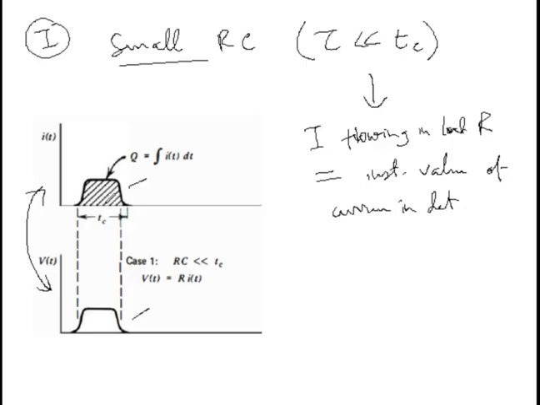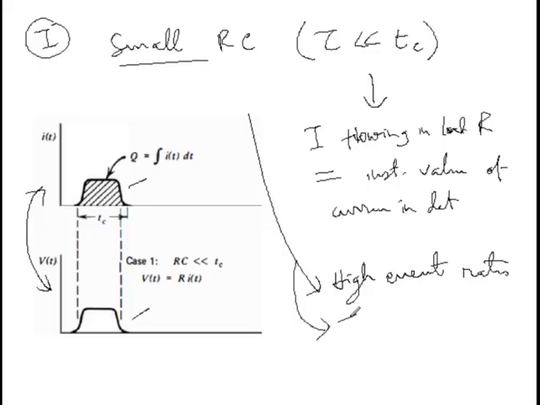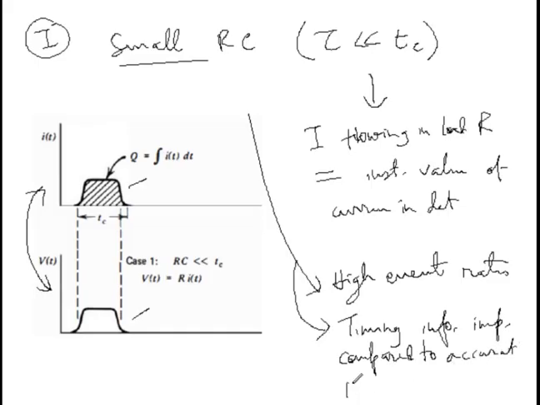You see the two cases, they're essentially the same shape. Now radiation detectors are sometimes operated under these conditions when there are high event rates, or when timing information is important compared to accurate energy resolution information.